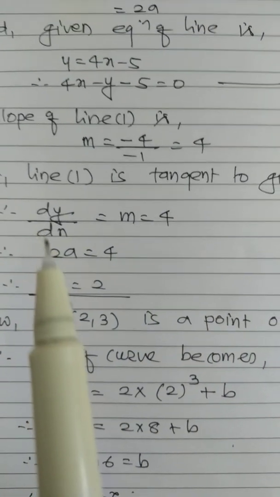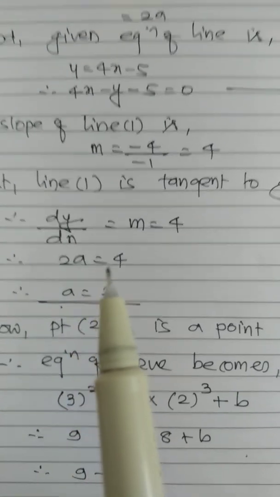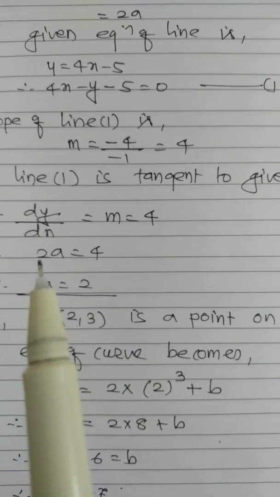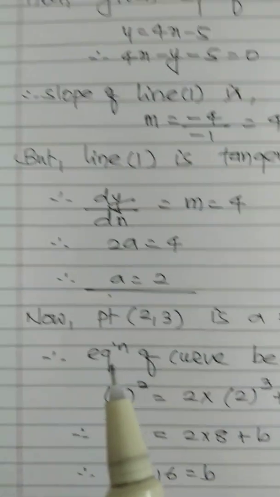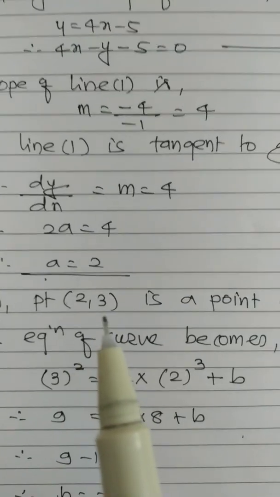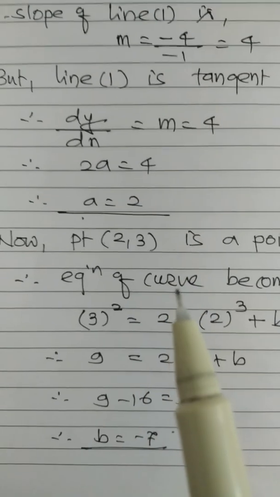But the value of dy/dx you already calculated: it is 2a. So 2a equals 4. So a equals 2, because 4 upon 2 is 2. Now again we have to calculate the value of the second unknown. The point (2, 3) is a point on the curve, which is the point of contact.